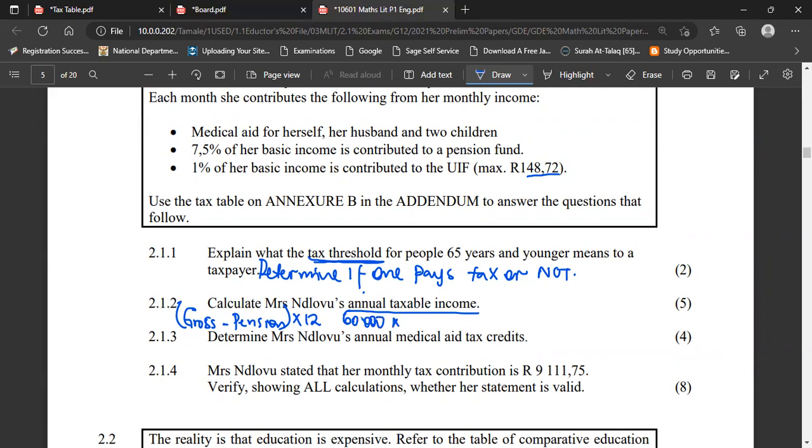Since we are looking for pension, we subtract 7.5% of the basic income, and multiply everything by 12.